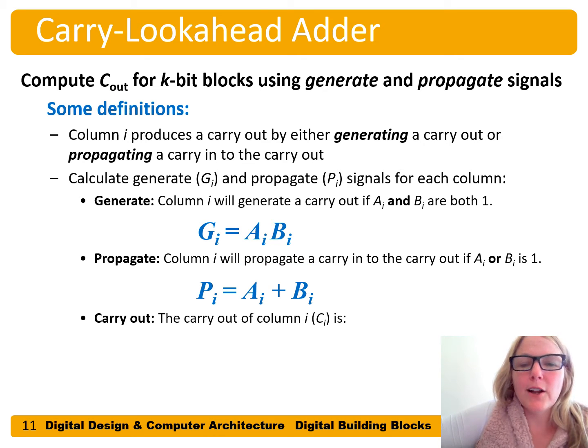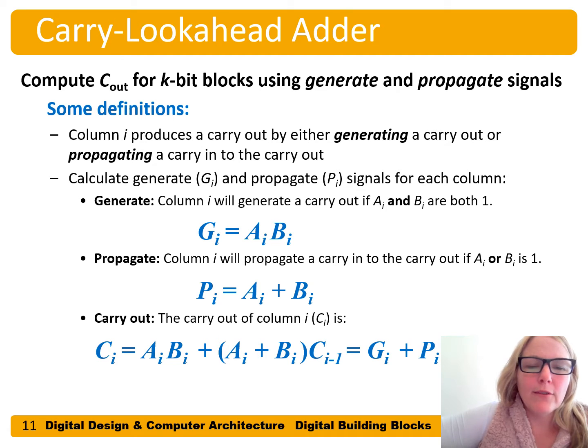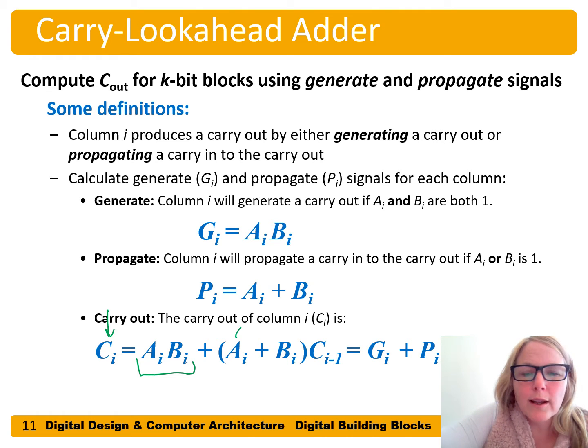And so we can write the carry out C sub I of a column in terms of these generate and propagate signals. We have our original equation, right? We're going to get a carry out C sub I of that column if A and B are true. Okay, there's the generate signal. Or we wrote this before as A and C or B and C, just factoring out that C sub I minus 1. This is the carry in to that column. This is the carry out.